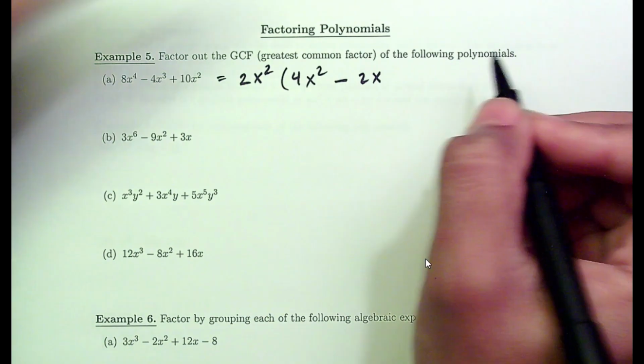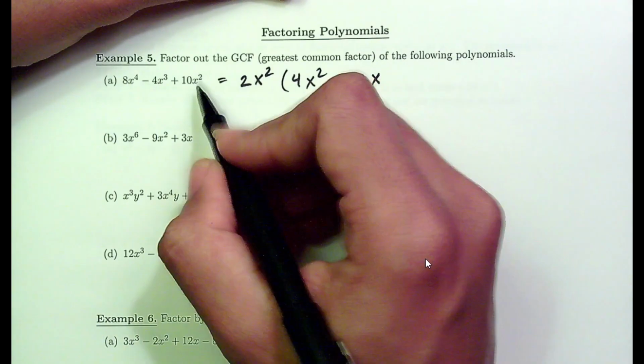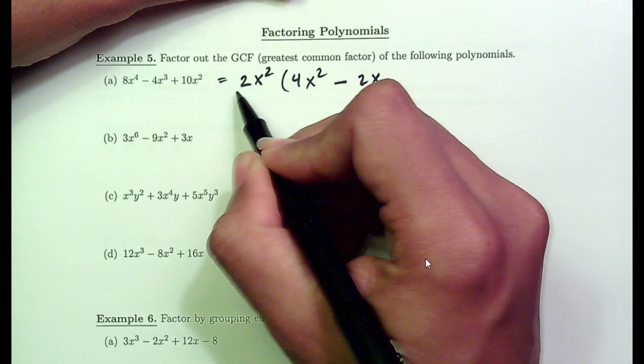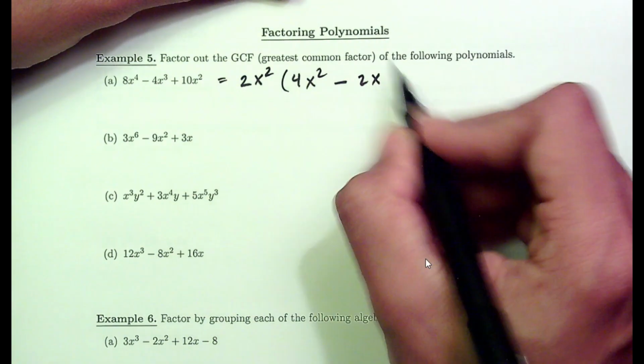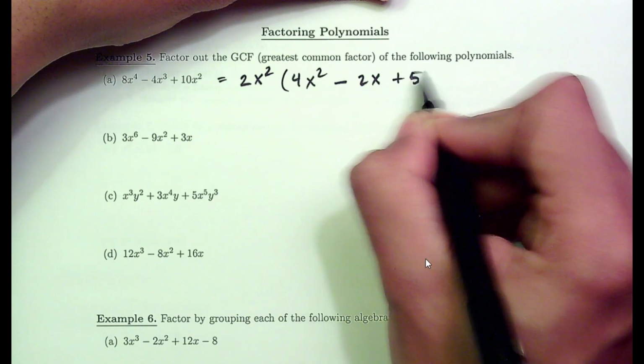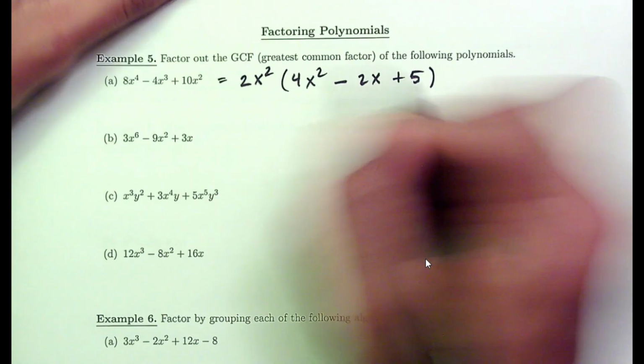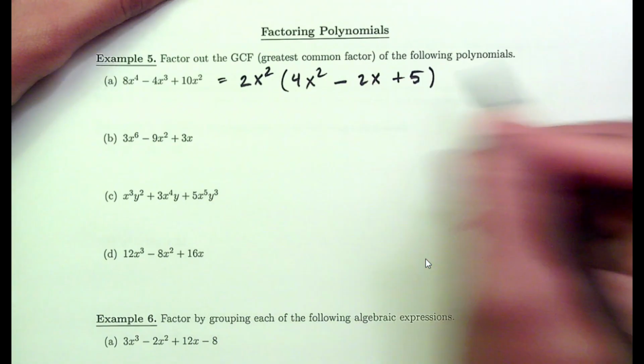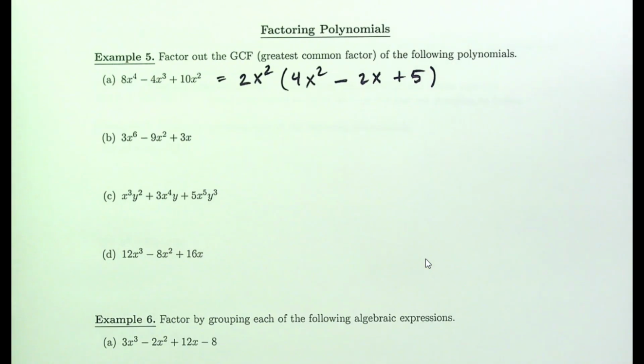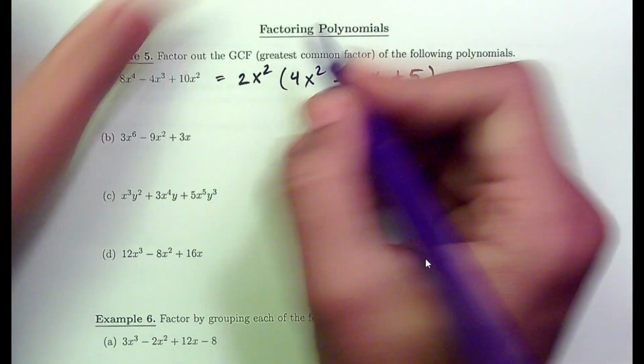And lastly, what do I need to write here so that when I multiply it by 2x squared, I get 10x squared? Well, I only need a 5. 5 times 2x squared is 10x squared. And that's it. We just factored out the GCF, which were the instructions. So that's that.